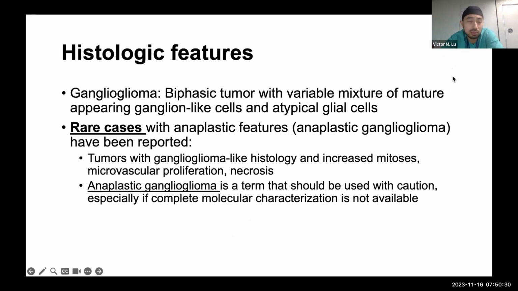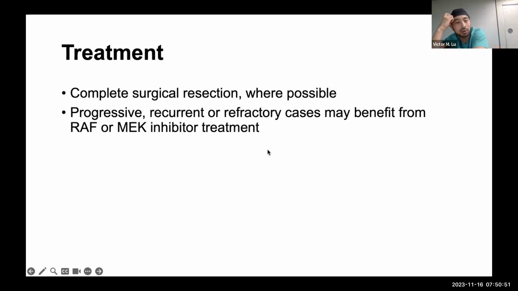And if you start to think about what this could be, if it remains outside the realm of MVNT, could this be a high-grade variant with anaplastic features? This term isn't really used that much, but again, it's trying to think of what could be abnormal and explain the abnormal appearance.